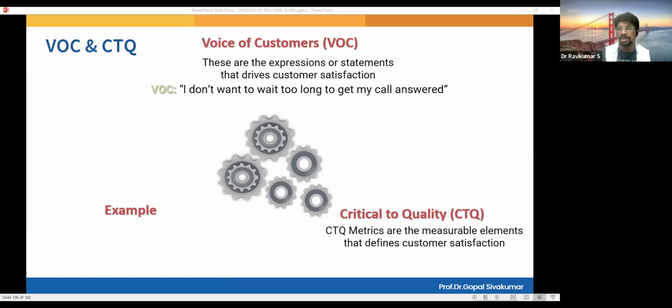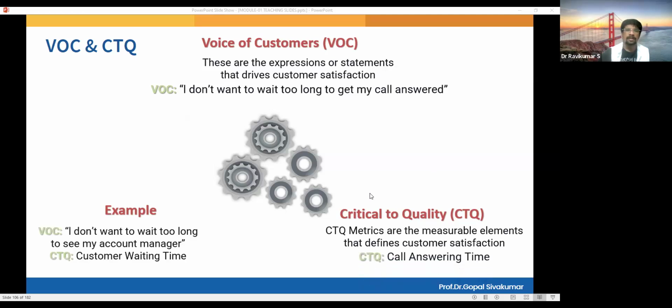So you may give an expression: I don't want to wait in the queue for a long time for a bank credit card section to answer. So that indicates a customer waiting time.